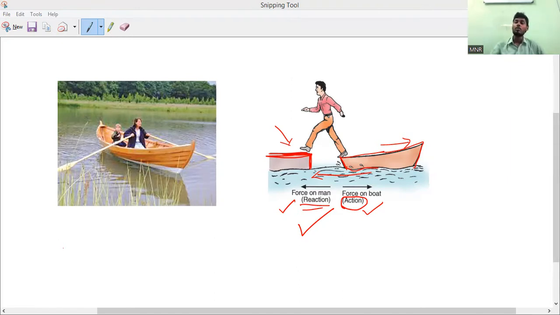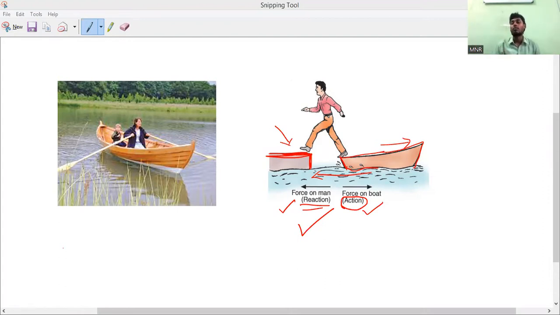Now, when a boatman wants to take the boat away from the bank of the river, what will he do? He will sit in the boat and try to push the river bank with his oars. He will push the water backward with his oar.